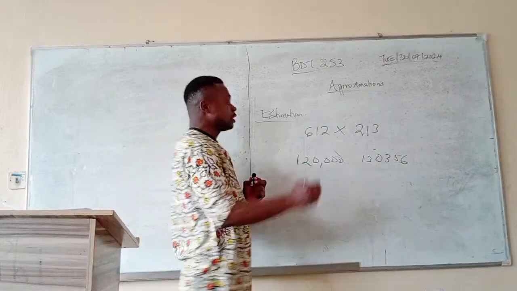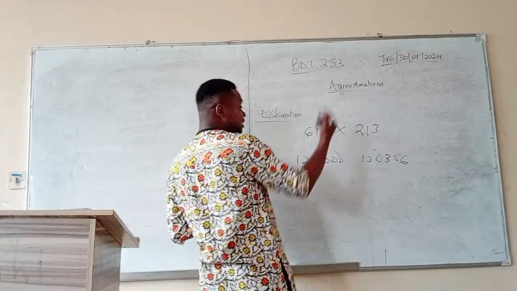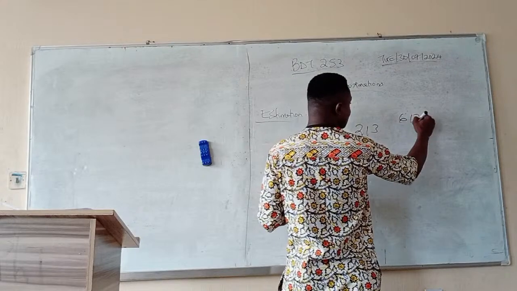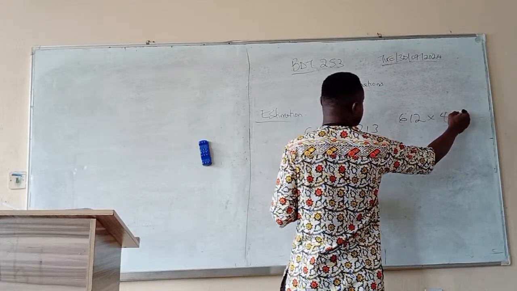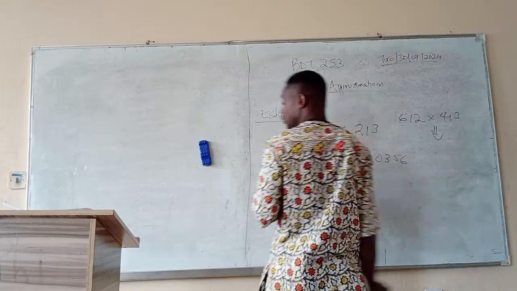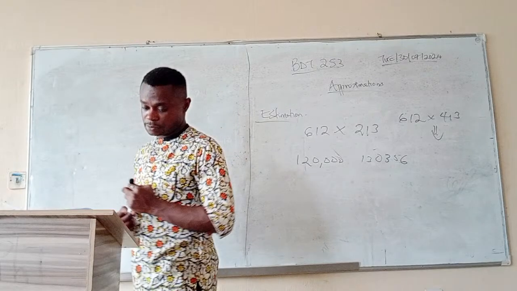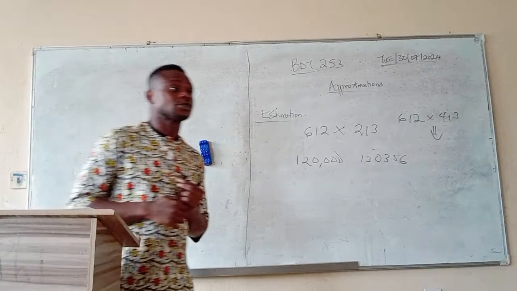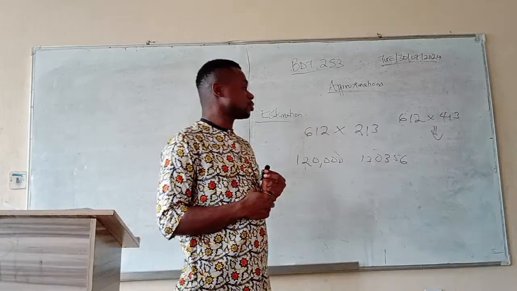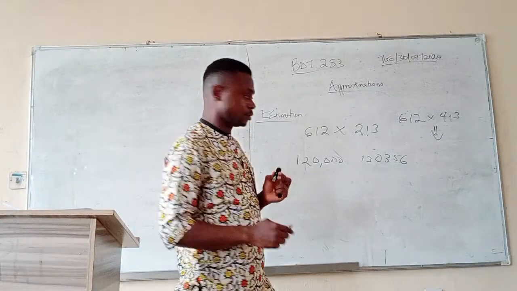Okay, let's do 6-1, the one that is in this material. It's the same thing, but let's just do it. 612 times 413. What is the estimate? 240,000. Good.